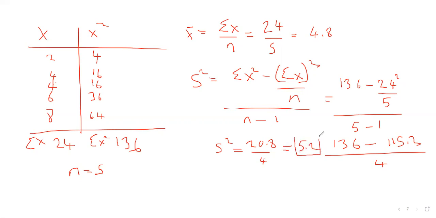So this is called our variance. The standard deviation is when you square root the variance. The square root of 5.2. What do we get? 2.28.